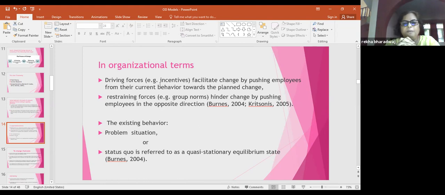Now, what is the existing behavior? What is the problem situation? Or what is the status quo is referred to as the quasi-stationary equilibrium state, right? So if we take this particular group of 12 people, we are 12 of us here, so really 10 students, I think.